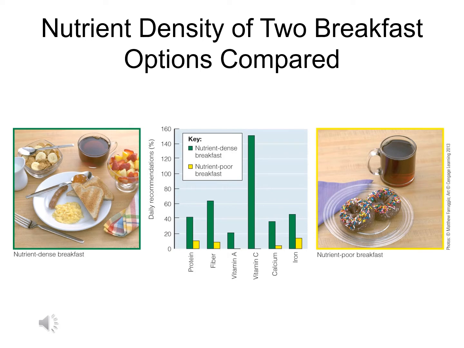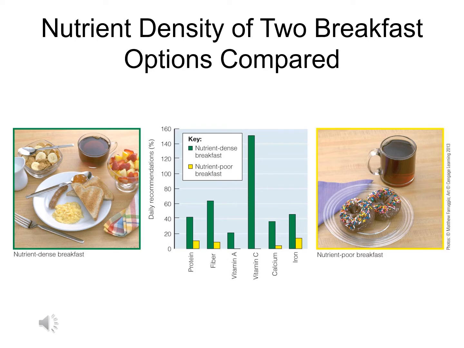This slide will also give us an example of nutrient density. If you look at the two breakfasts that are depicted here, the breakfast on the left is noted as a nutrient-dense breakfast, whereas the breakfast on the right is designated as a nutrient-poor breakfast. Now, calorie-wise, they're actually very, very close. However, look at the difference in nutrient value.